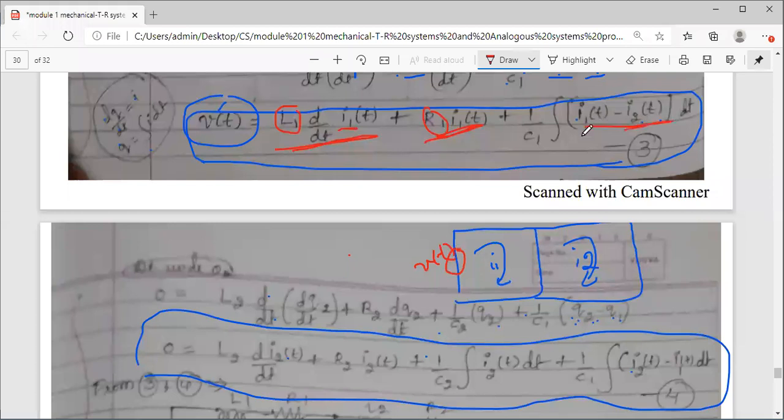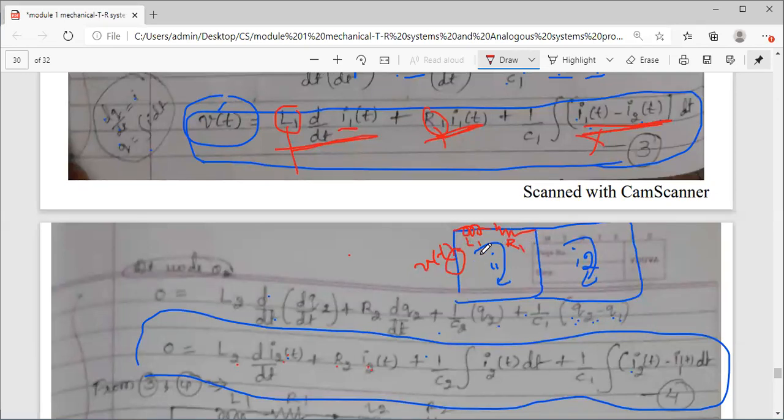But this one will be a shared element, so I will not consider it. Coming to equation 4, second L2 is related to I2, R2 is related to I2. All are I2 terms. So for I1 there are only two, L1 and R1. So in the first loop, I will draw L1 and R1.